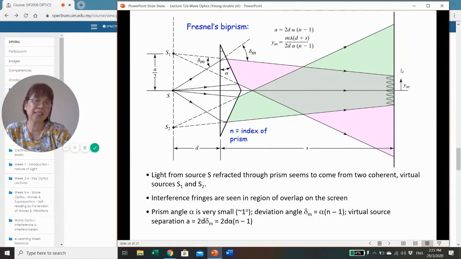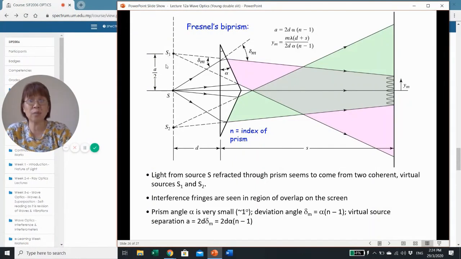Projecting this backward, it seems as if it's coming from source 1. Likewise on the other part of the biprism, it will be as if it's coming from source 2, a virtual source.